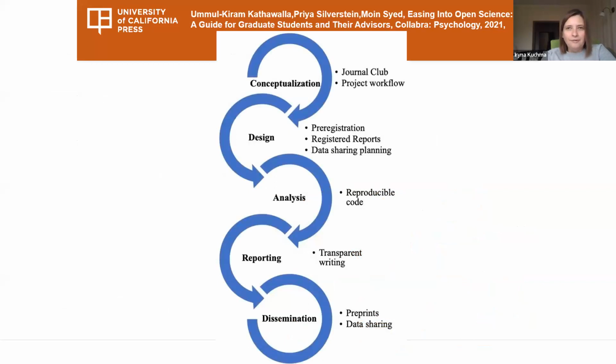And when I do trainings about open science, if I don't have a story to start with, then sometimes I start with the research workflow, and I base my presentation on this article about how students could make their research more open, and the different elements described on this graph.